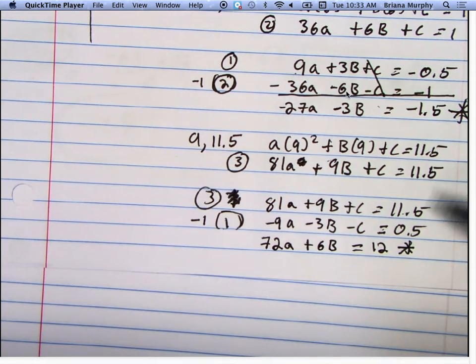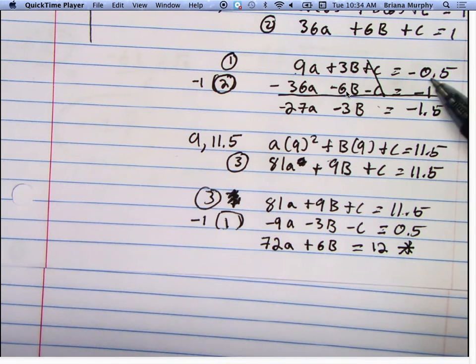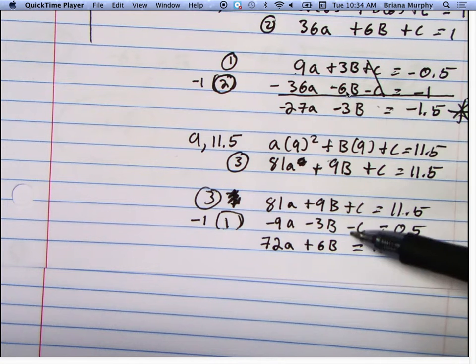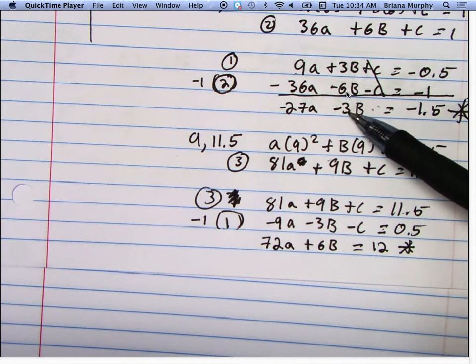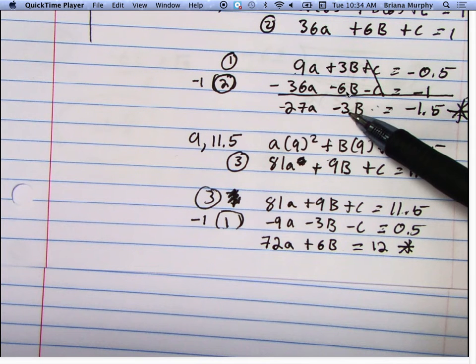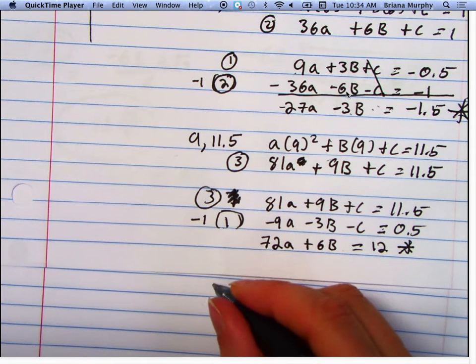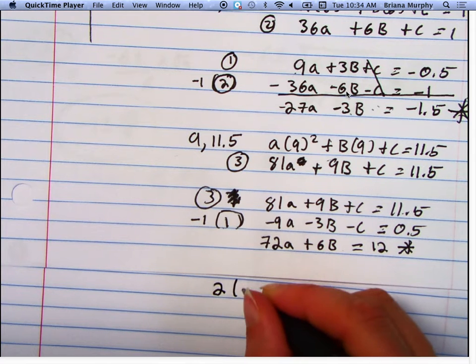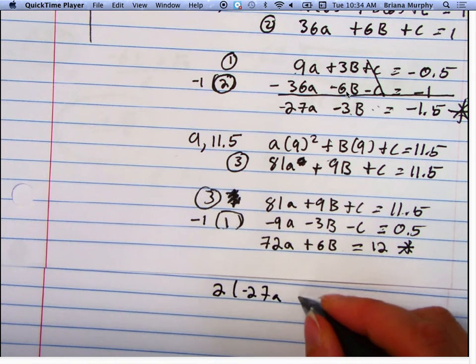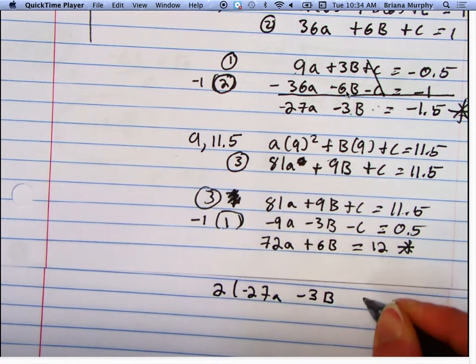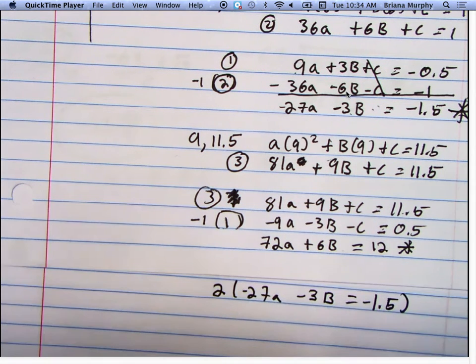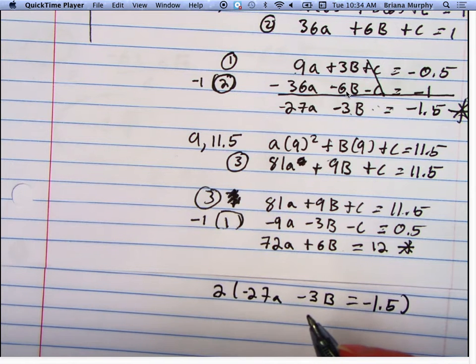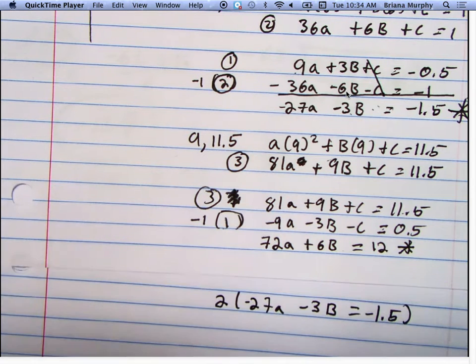Now I'm going to take the ones that I starred, and I need to put them together. What's easiest to get rid of, A's or B's? I'm going to have to times this new one by 2, right? So I'm going to go 2 times negative 27A minus 3B equals negative 1.5. Am I going too fast?